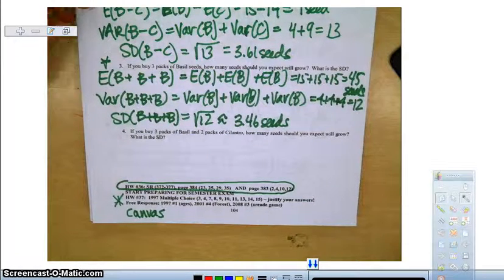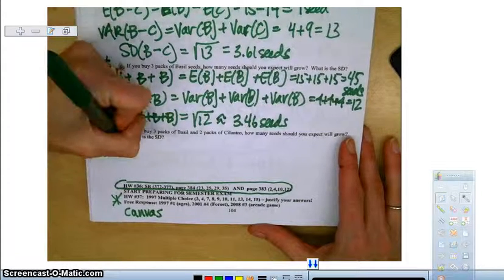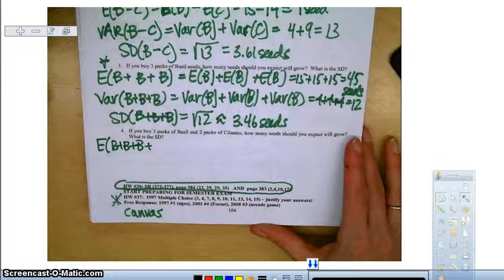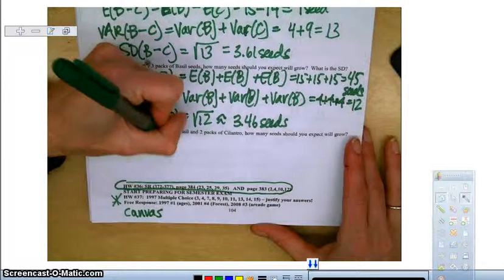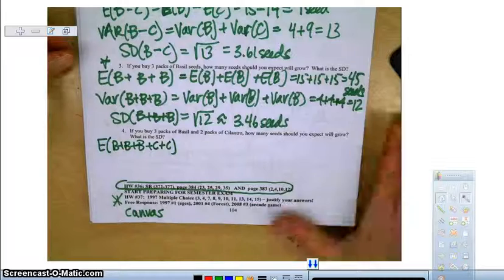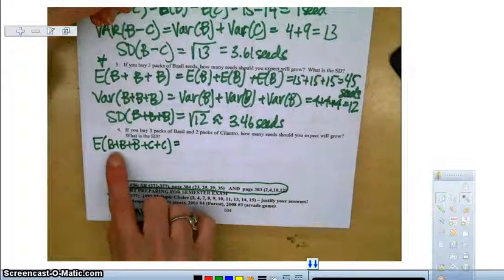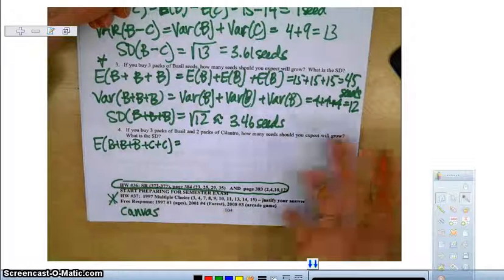Essentially I'm just taking the expected value of basil plus basil plus basil plus what? Just adding a bunch of them. So basically you're adding the expected value of basil how many times? And the expected value of cilantro?